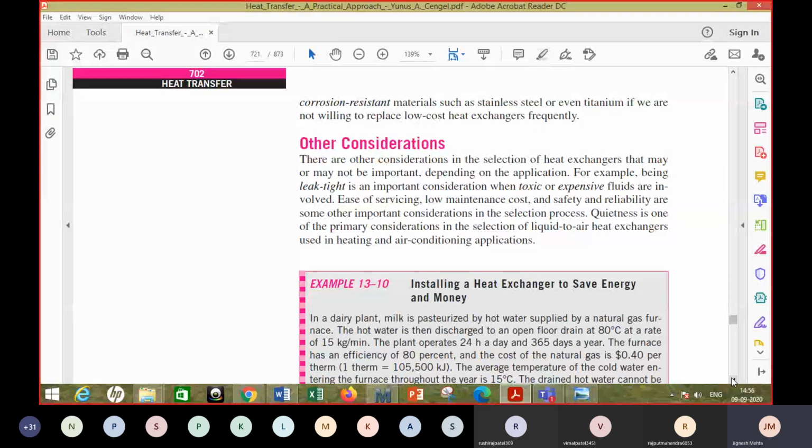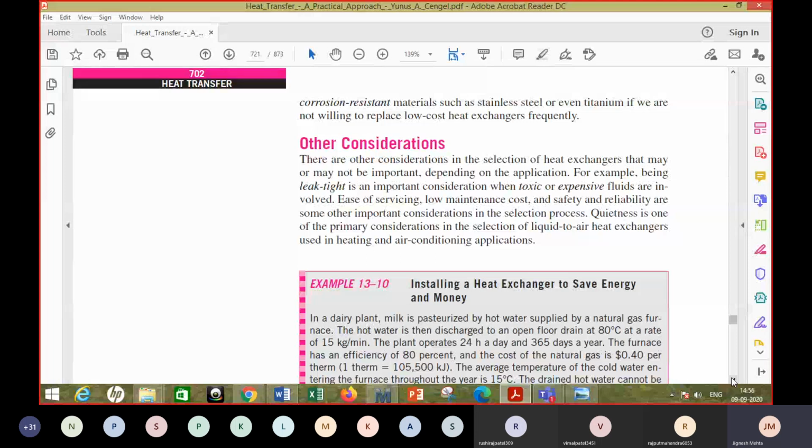And there could be other considerations in the selection of heat exchangers that may or may not be important depending upon the application. Like being leak tight is an important consideration when toxic or expensive fluids are involved, right? If your heat exchanger involves, let's say, tap water, then you might not be very much worried about the leak proofness.